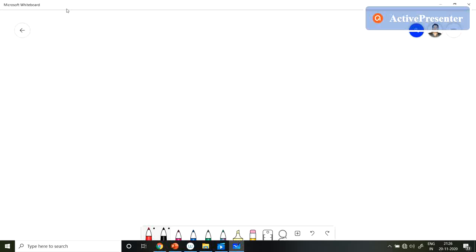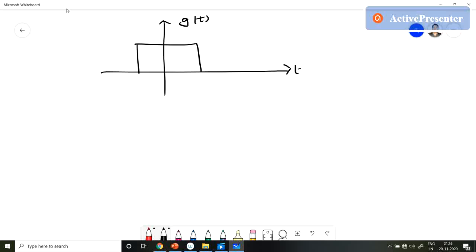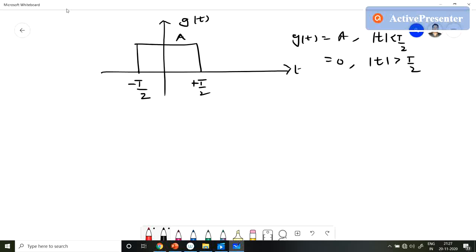So g(t) is given. This is g(t), from minus T by 2 to plus T by 2, and the amplitude is A. So g(t) equals A when modulus of t is less than T by 2, and it is equal to 0 for modulus of t greater than T by 2.